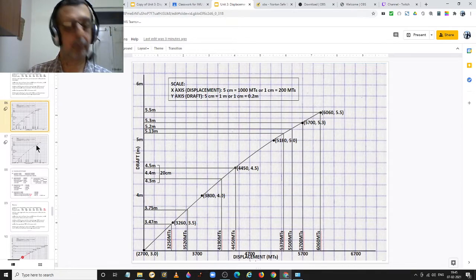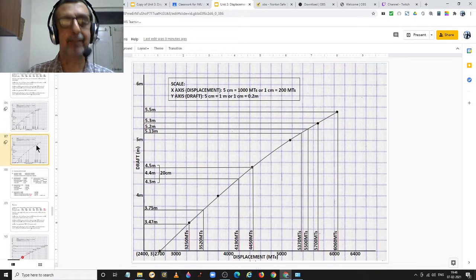I'm going to show you another graph, the same except that the origin we are starting off with is 2400 metric tons on the x-axis and 3-meter draft on the y-axis. The scale stays the same, and 2700 metric tons is shown over here where my mouse is located.